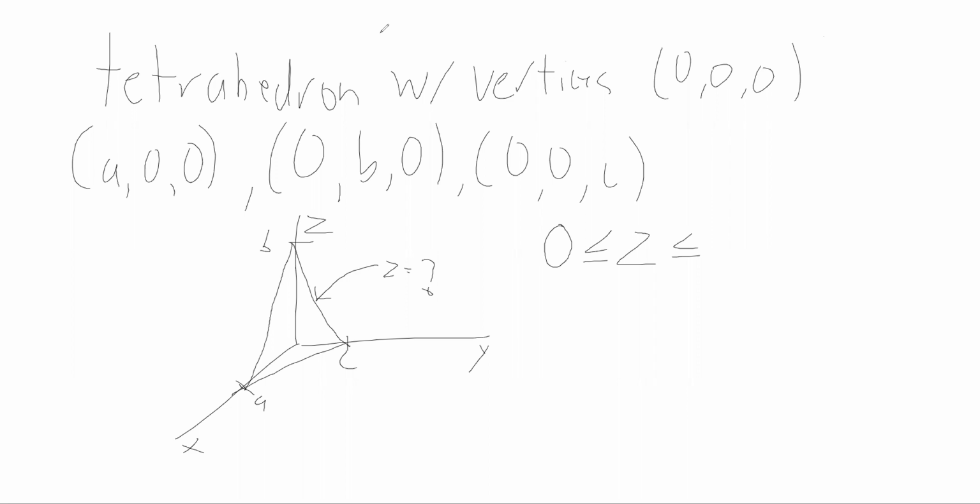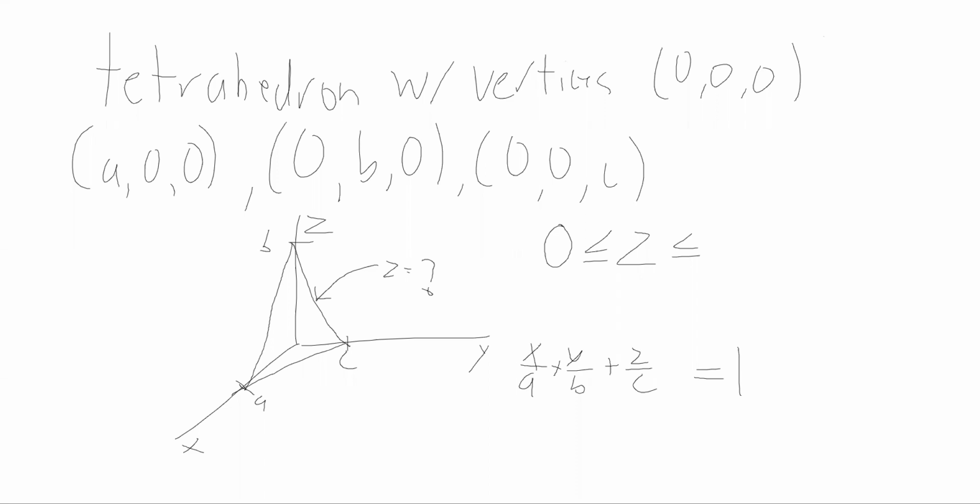So let me tell you really quickly. The trick to doing this one is first write it in the form: notice this works. The plane X over A plus Y over B plus Z over C equals 1. Notice that works for all 3 points we have.